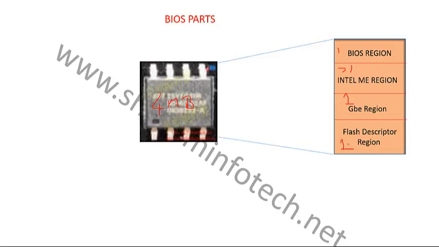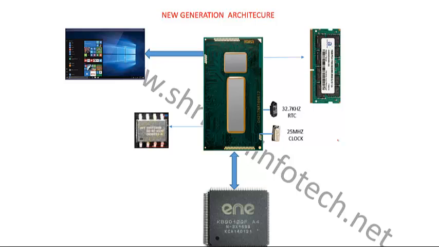Sometimes this ME BIOS, called the Intel Management Engine, gets corrupt due to some reason. Suppose when we flash our main BIOS, or sometimes when we change the CPU or the PCH, at that time this management engine BIOS gets corrupt. If it gets corrupt, there will be 7 problems.